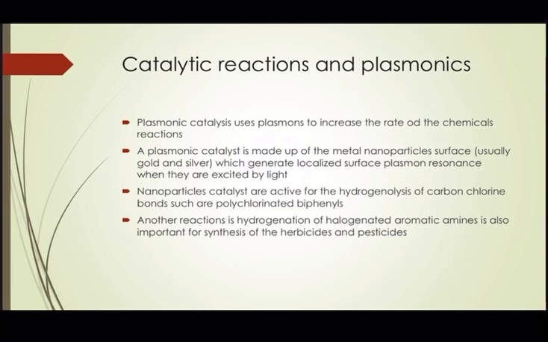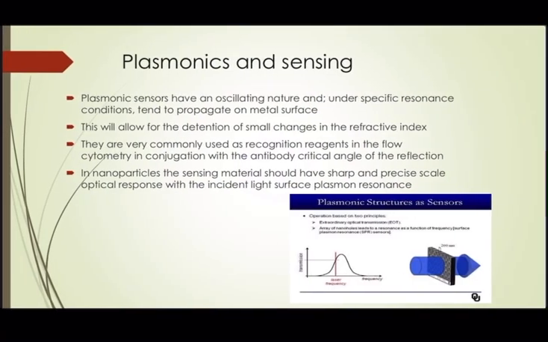The plasmonic catalyst is made up of metal nanoparticle surfaces, usually of gold and silver, which greatly localize surface plasmon resonance when they are excited by light. Nanoparticle catalysts are active for the hydrogenolysis of carbon-fluorine bonds, such as polychlorinated biphenyls, and other reactions in the hydrogenation of halogenated aromatic amines, which is also important for the synthesis of herbicides and pesticides.